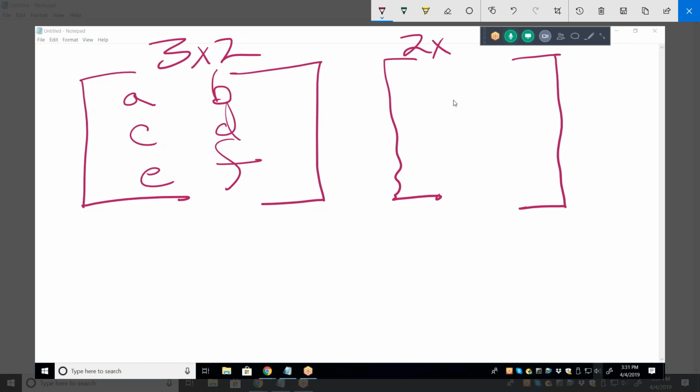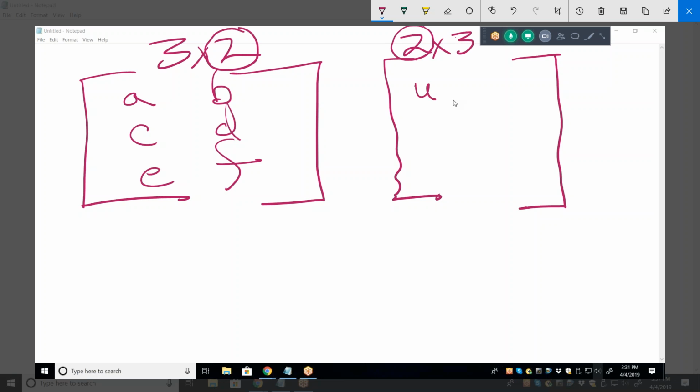It can be a 2 by 2, it can be a 2 by 1, it can be a 2 by 4. What's key is the number of columns of the first matrix has to match the number of rows of the second matrix. Yes, sir.